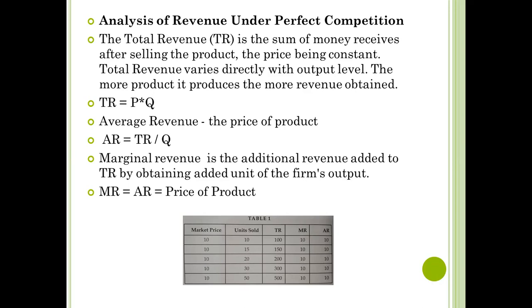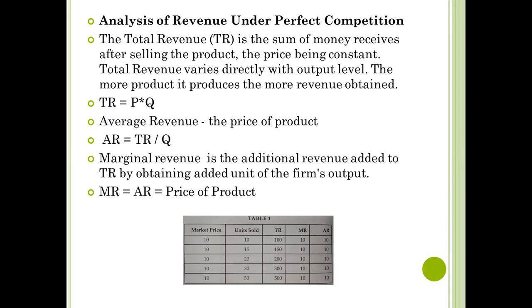Average revenue, or AR, is the price of the product. How do we compute average revenue? We just divide our total revenue by our quantity. Marginal revenue is the additional revenue added to our total revenue, or TR, by obtaining an added unit of the firm's output.